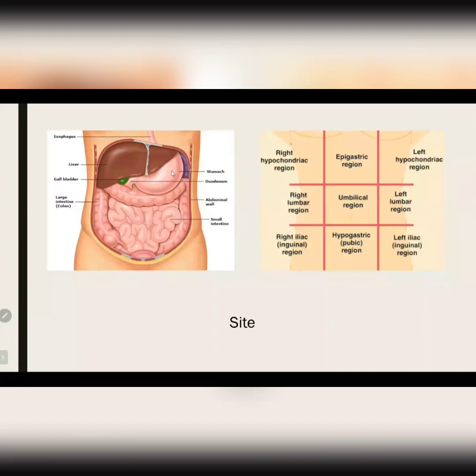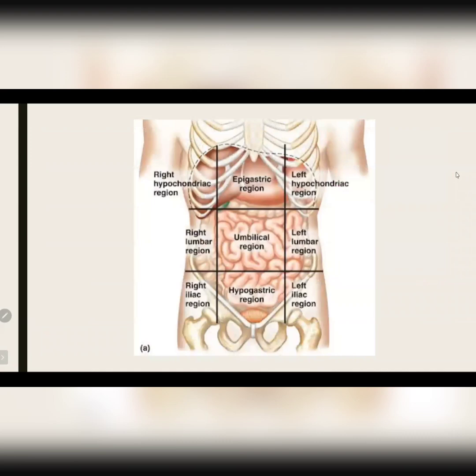Can you tell me which regions the liver occupies? The liver occupies the right hypochondrium, the epigastrium, as well as the left hypochondrium. This shows how the liver occupies each of these regions.